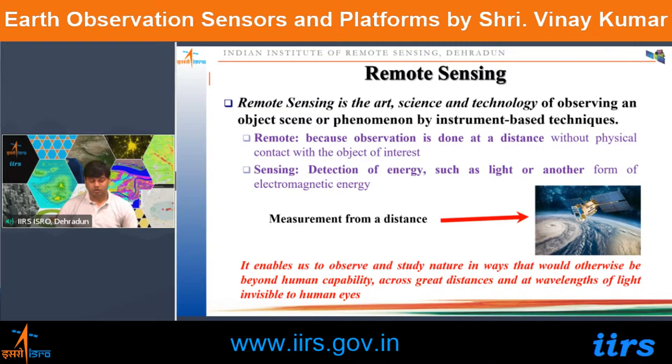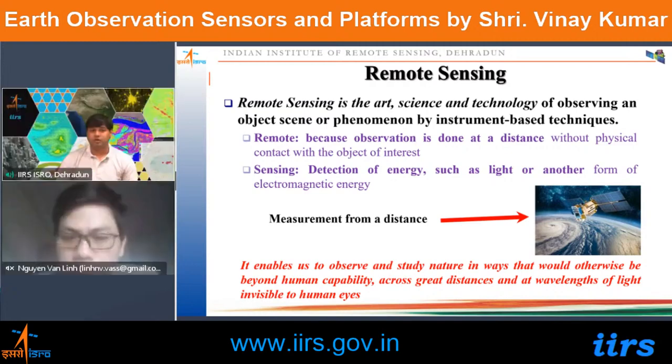Now, how did it come into the picture and how does it help in extracting information from the Earth's surface? Normally we know that even human beings are equipped with remote sensing sensors. Our eyes capture information from a far distance without being in physical contact. But there is a limitation: our eyes work only in the visible region of the wavelength range.